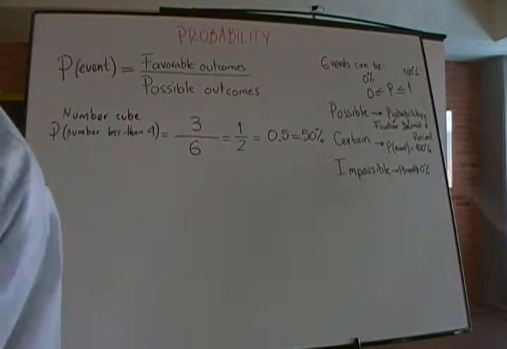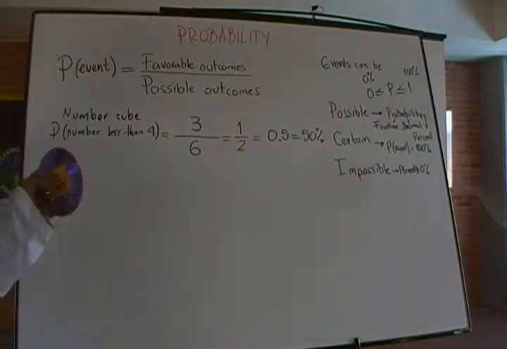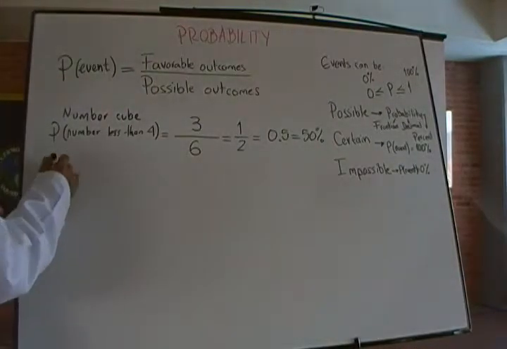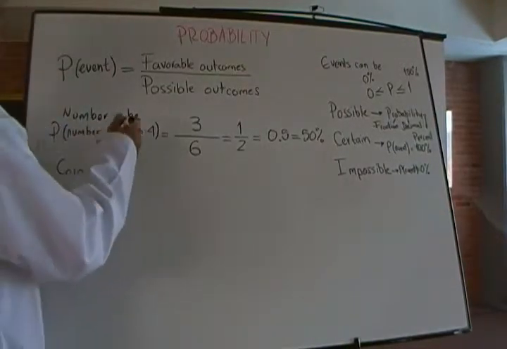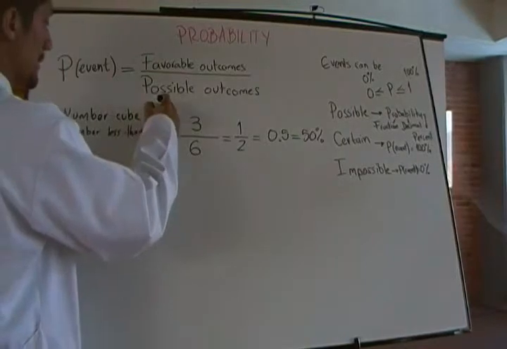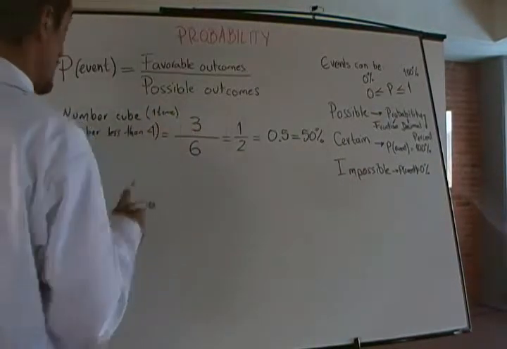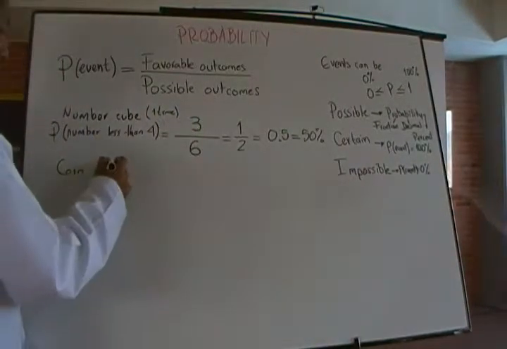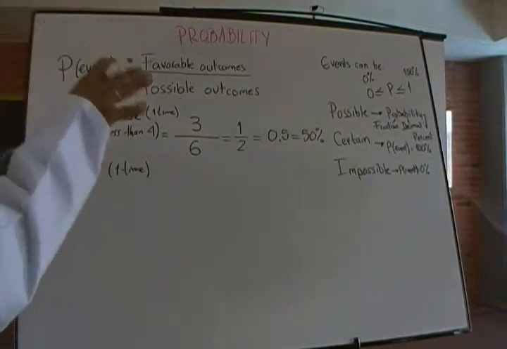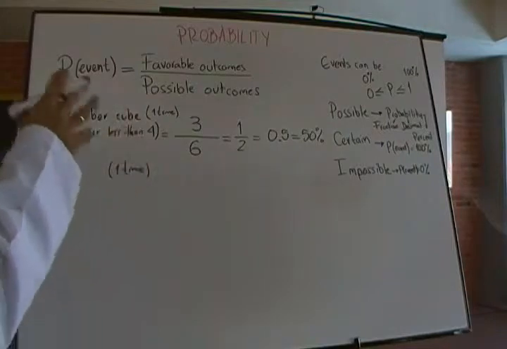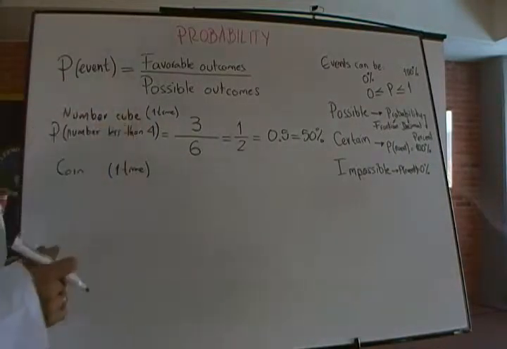Those are simple or single events. If I toss a coin, here I have to say that the number cube is tossed only one time. Now, if I toss a coin one time, I can get some possible results, some certain events, or some impossible events.